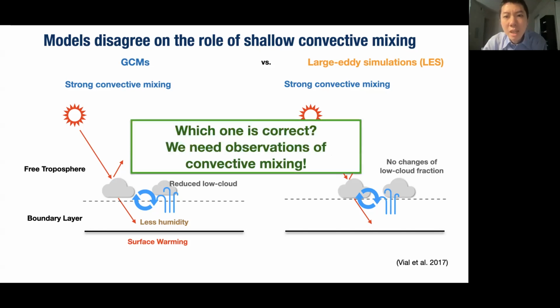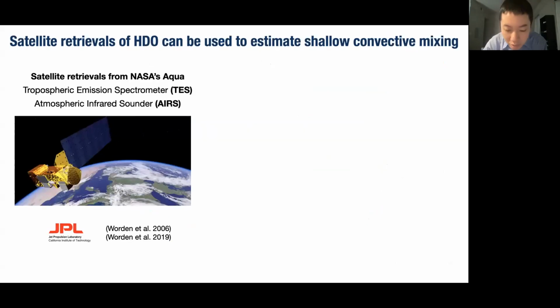So we are wondering which one is the correct answer, and currently we don't have direct observations of convective mixing. So we need some observations of convective mixing. And we turn to water vapor isotopes because we are isotope people.